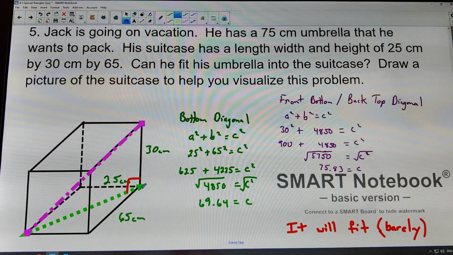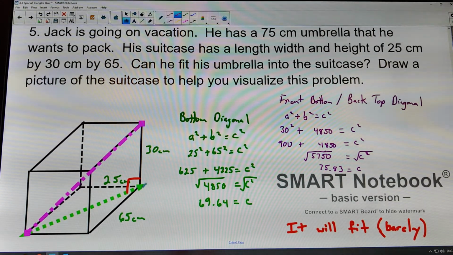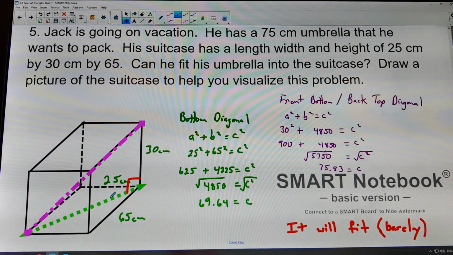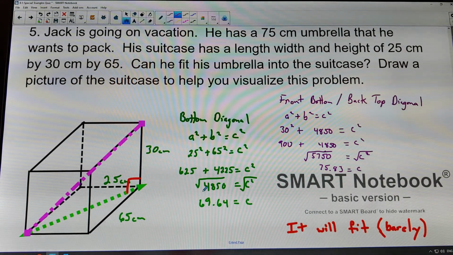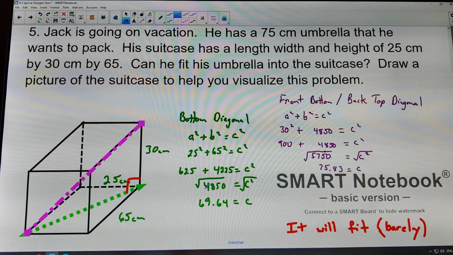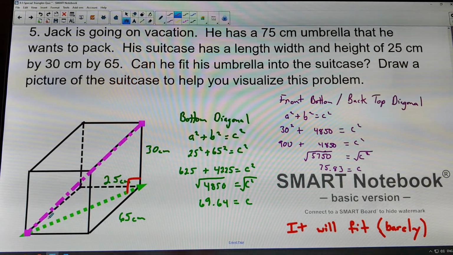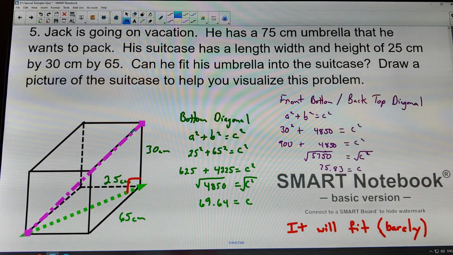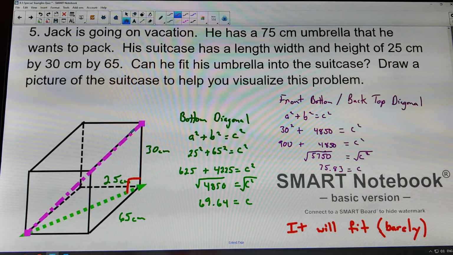So this is A squared, 30. This is B squared. We just figured it out. It's square root 4,850 long. And then this will be our C squared, where we're hoping the umbrella is going to go. And as long as it's 75 centimeters or slightly longer, it'll fit.